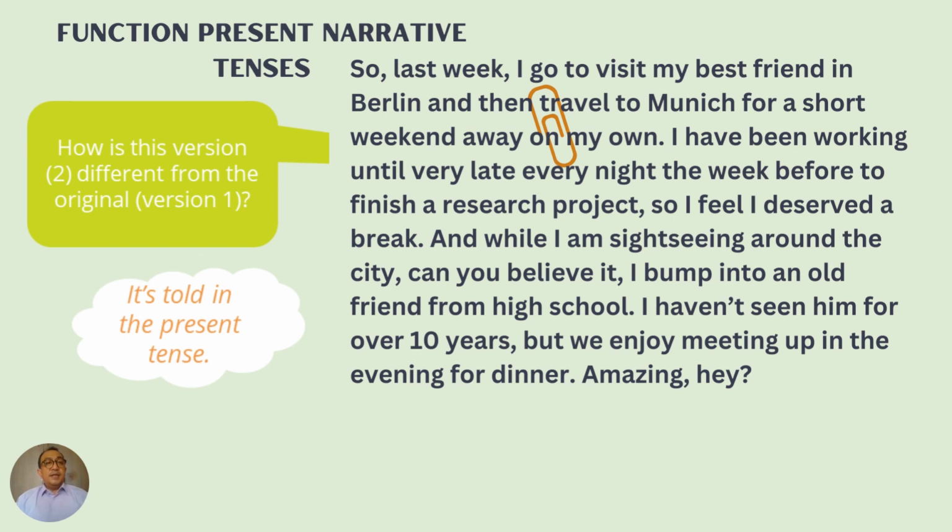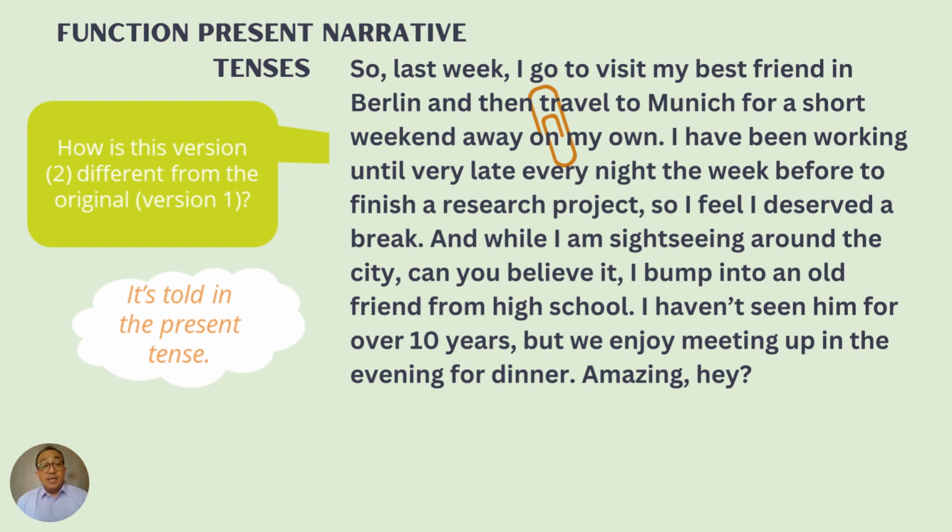Okay, look now at the present narrative tenses. Normally, in the present narrative tenses, this is version 2, it is mentioned here that the story is told in the present tense instead of the past tenses. So in spoken English, normally we start the story, the experience, and we want to narrate the event to someone else in conversation, and we just say, "So last week, I go to visit my best friend in Berlin."